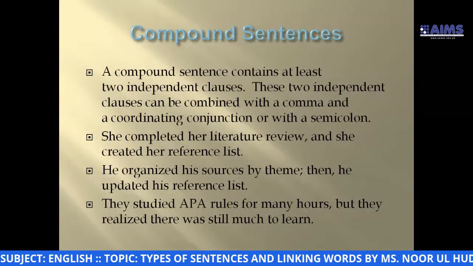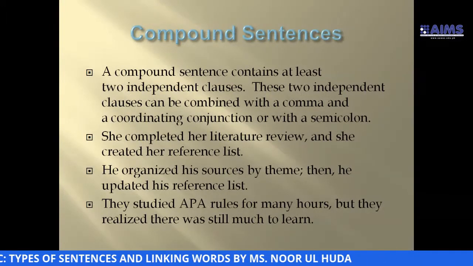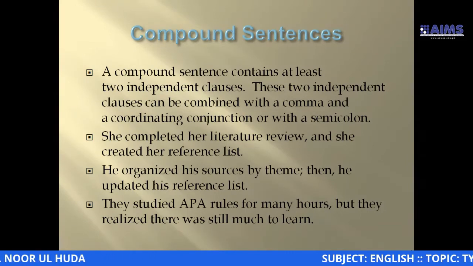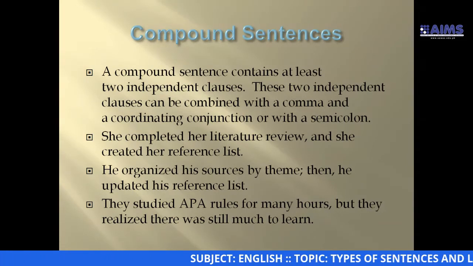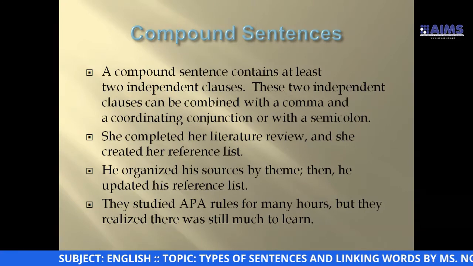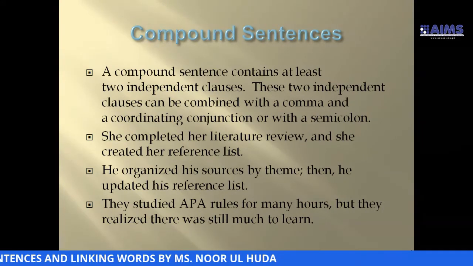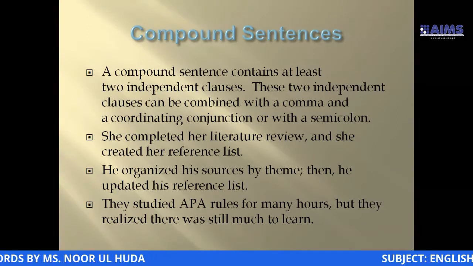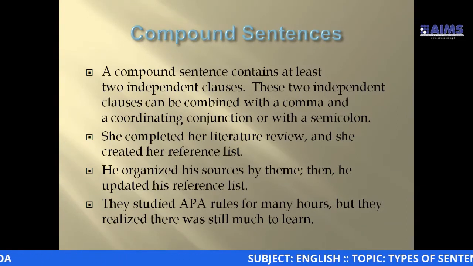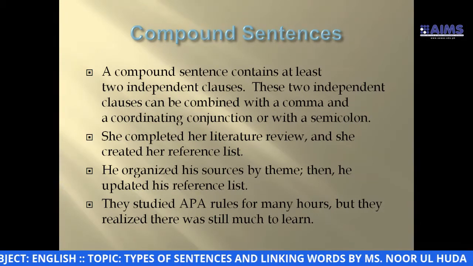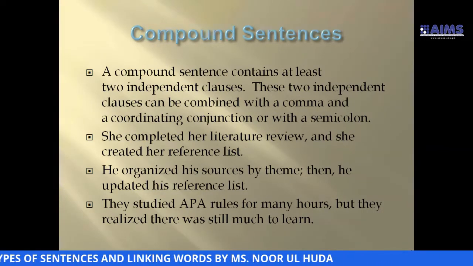Now moving ahead, the compound sentences. What is compound? Obviously compound means any kind of mixture, having more than one thing. Compound cannot become a simple thing, because a compound sentence means merging two or more things. A compound sentence contains at least two independent clauses. It means it may have more than two independent clauses.